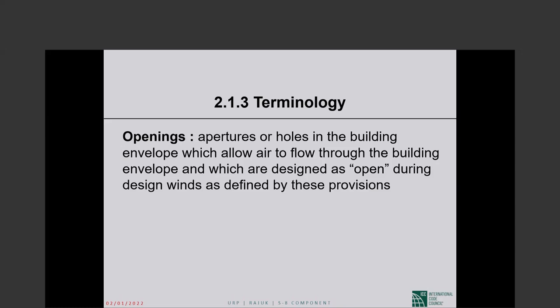The doors we also take as openings unless there is a crew in place, instructions in place, making sure that the door will in fact be closed at the approach of a storm. So this becomes very important.